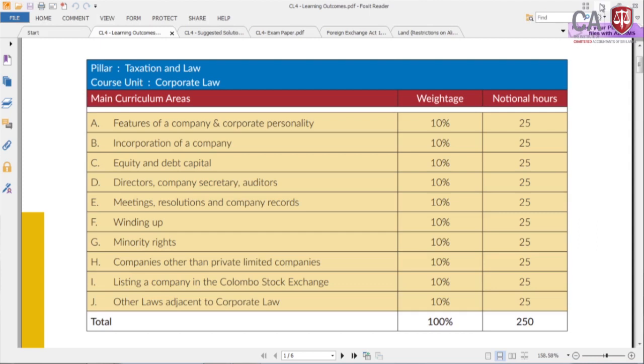Then listing of a company in the Colombo Stock Exchange and other laws adjacent to corporate law, like the Foreign Exchange Act and the Lands Alienation Act, which I will also deal with today with the questions that we are going to have a look at.